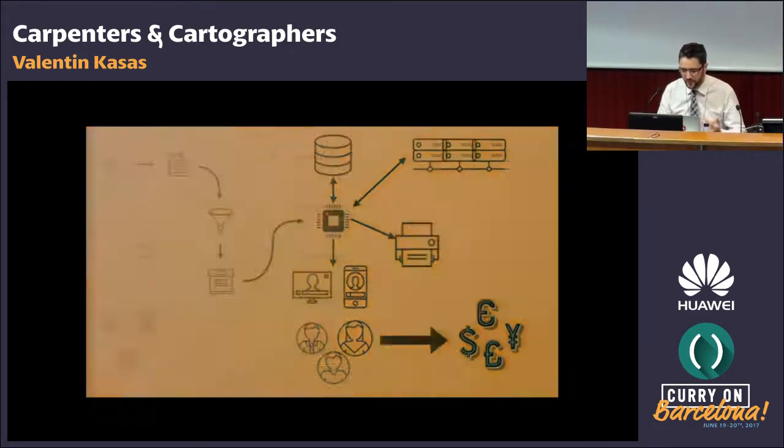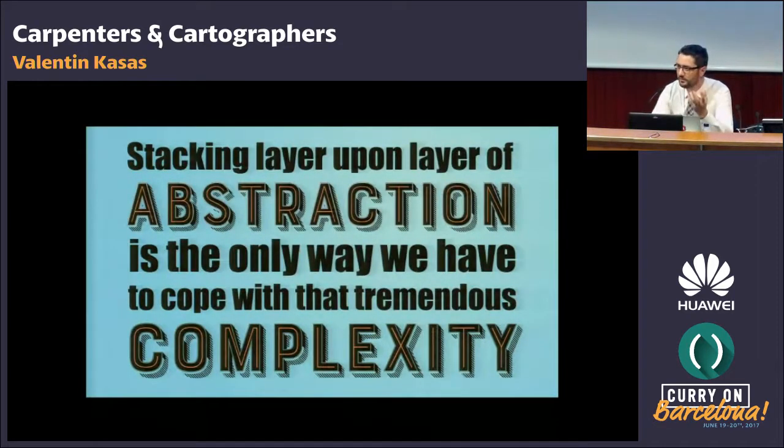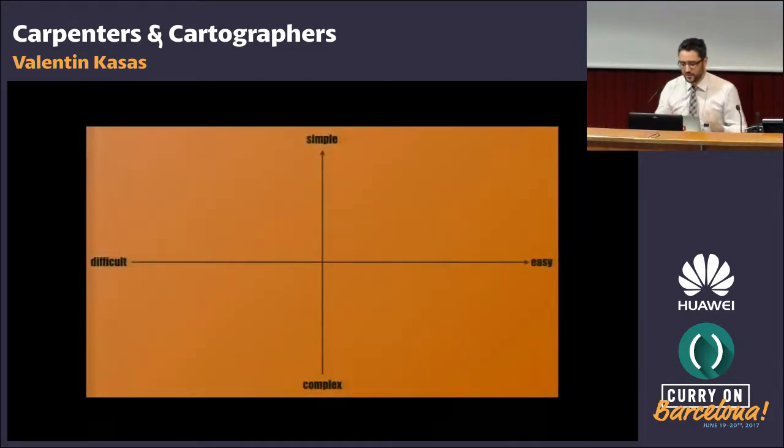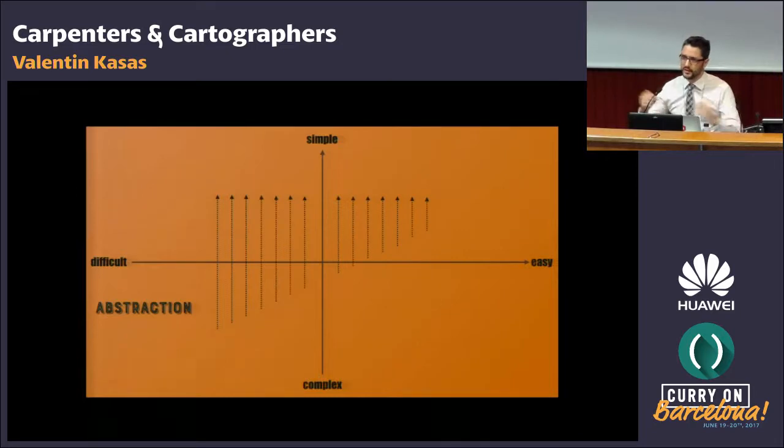And to cope with that tremendous amount of complexity, we use the only tool we have to cope with complexity, which is abstraction. Abstraction allows us to go from something that is complex into tinier bits that are more simple.